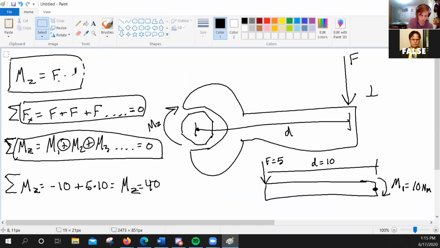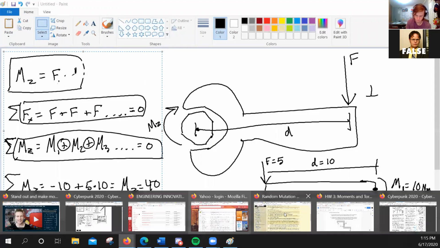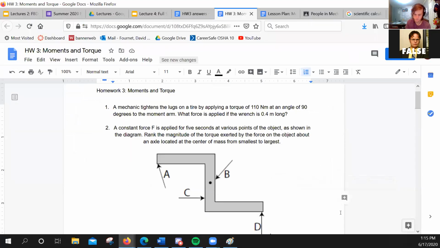I think I have an idea of how we would do this. Okay. Can you go back to the homework? Yeah. So if the moment or torque is 110, then it would be the force perpendicular times d equals 110, right?